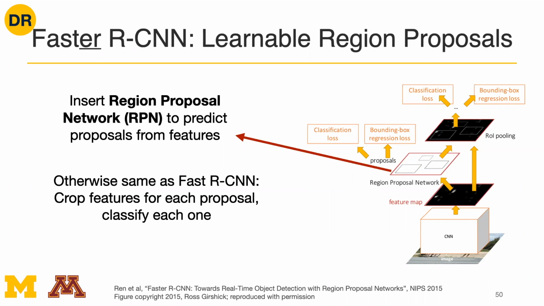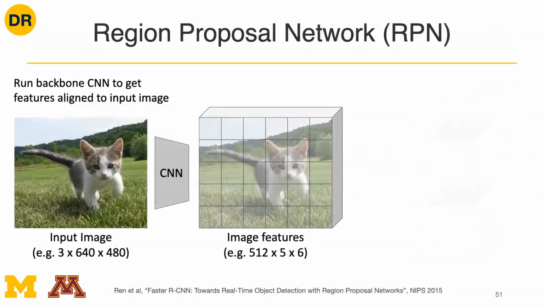So let's take an example to see how that looks. You use the input image, run that through a backbone, which gives you image features. Just to note, the image feature here is 512 cross 5 cross 6. So the feature map is downsampled much compared to your input image, right?